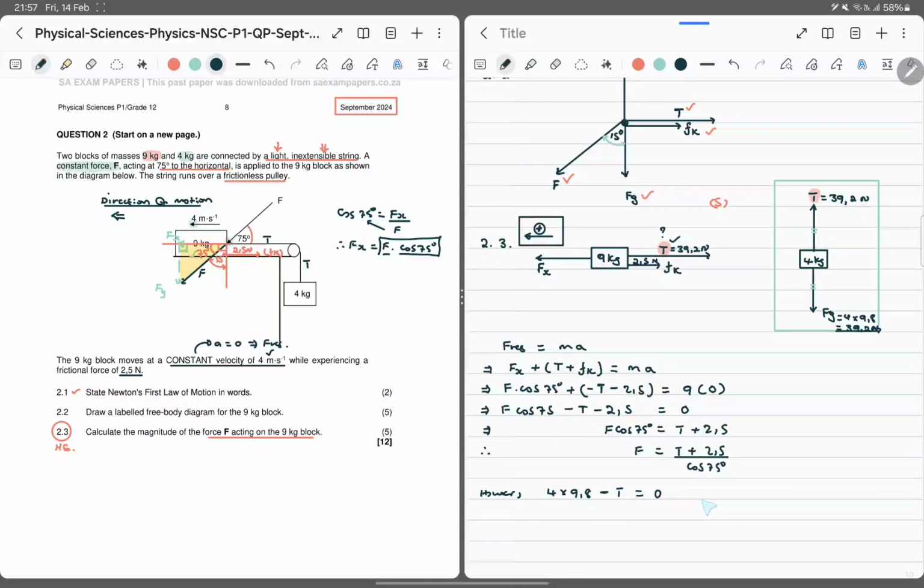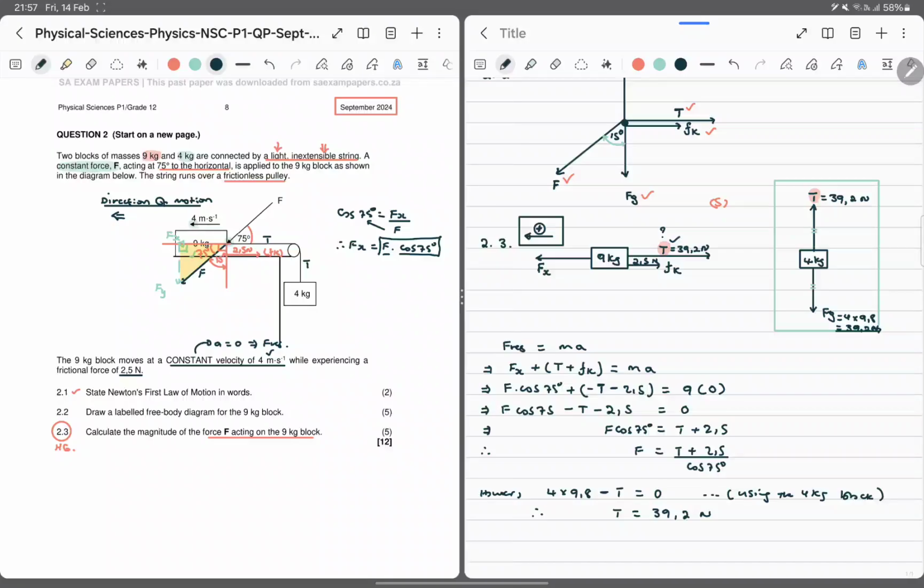So we can put a minus there. That should give us 0, and therefore we know that the tension should be 39,2 newtons. This, when we're using the kg, we're using the 4 kg block.